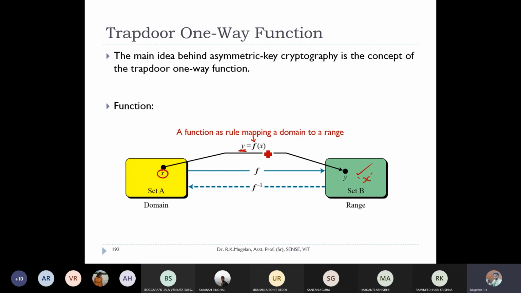One is he has to have the knowledge of f, or he has to have the knowledge of f inverse. Yes or no? If he has the knowledge of f inverse, he can directly get the value of X.